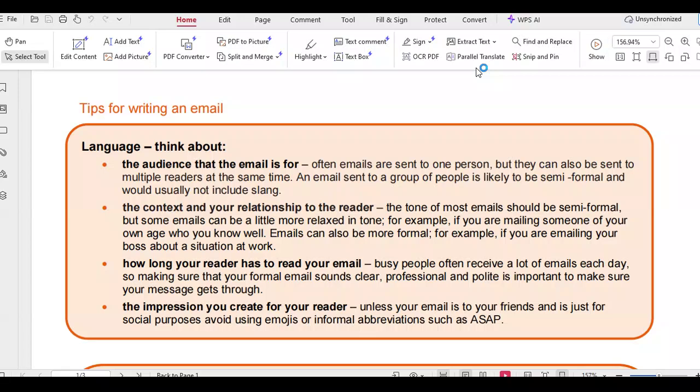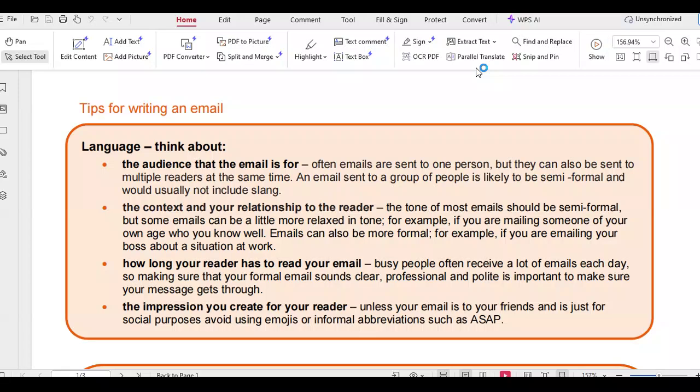Thirdly, the examiner has mentioned to understand how long our reader has to read our email. We need to think about how much time the reader has. Many people receive a lot of emails every day, especially busy people like managers or teachers in realistic scenarios.